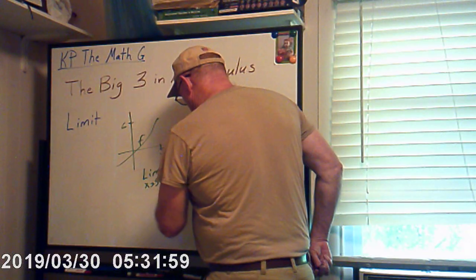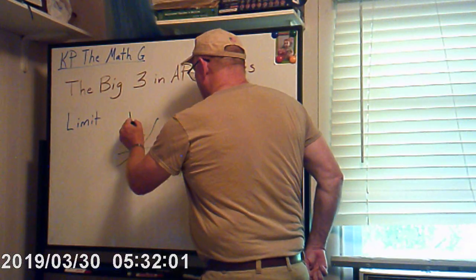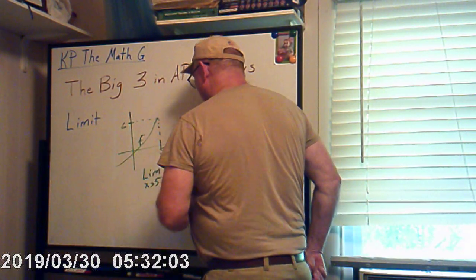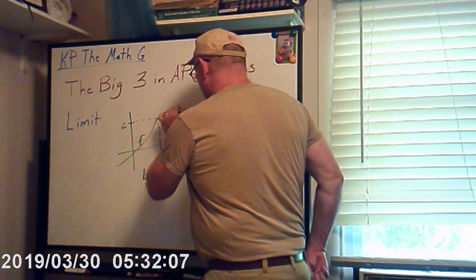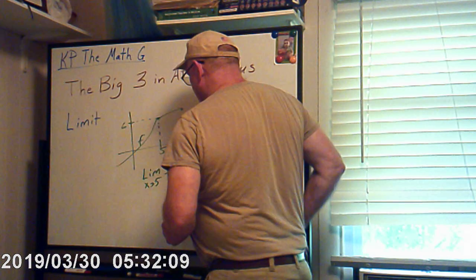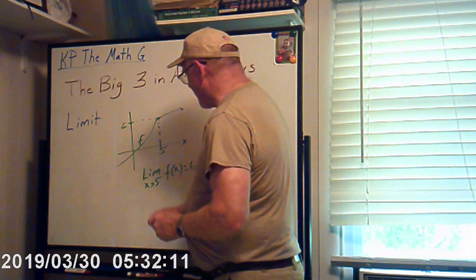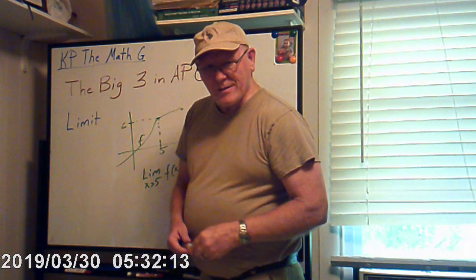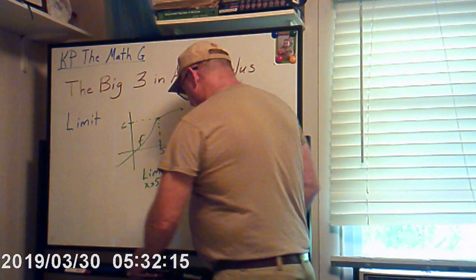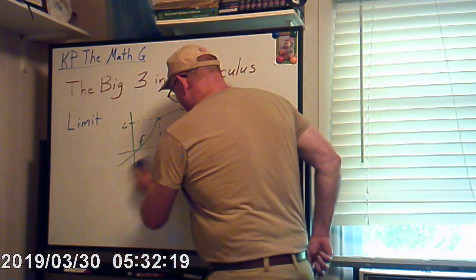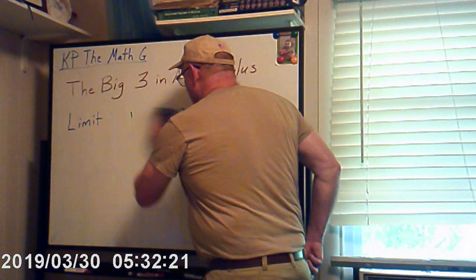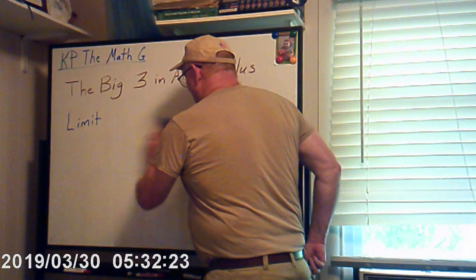F of x is 6. That's the y value, okay? And that's what we're talking about there. This could go on, okay? But the limit there as x approaches 5 is 6. Just like that. And that's basically the idea behind the limit, okay? It's that y value.